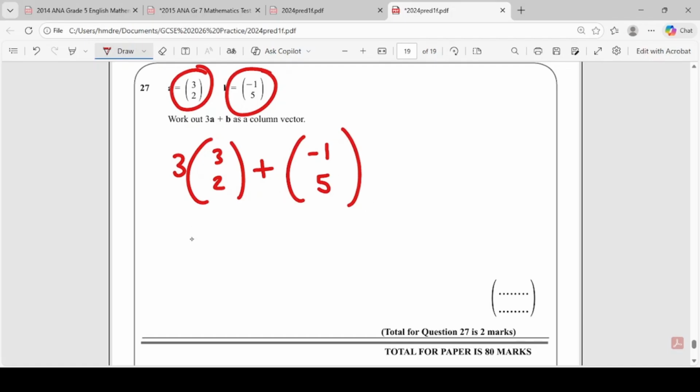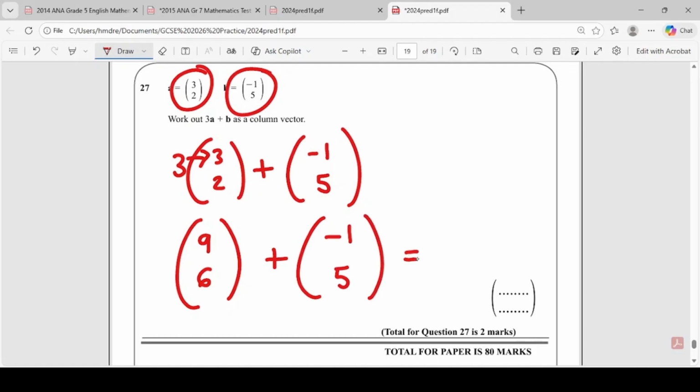So 3 times 3 is 9. 3 times 2 is 6. Adding this vector here. And so we're going to get 9 minus 1 is 8. 6 add 5 is 11. And that is our final column vector there.